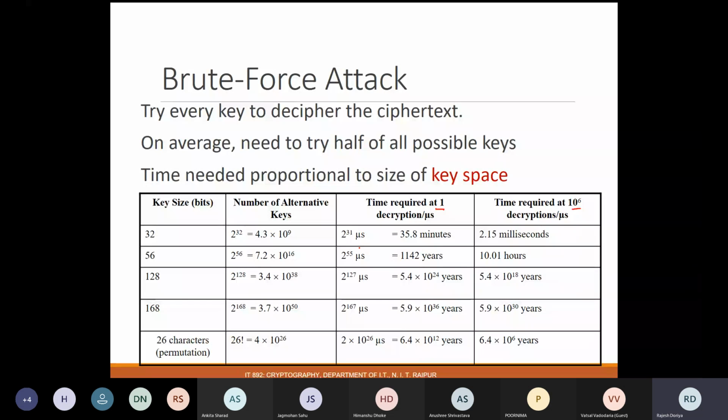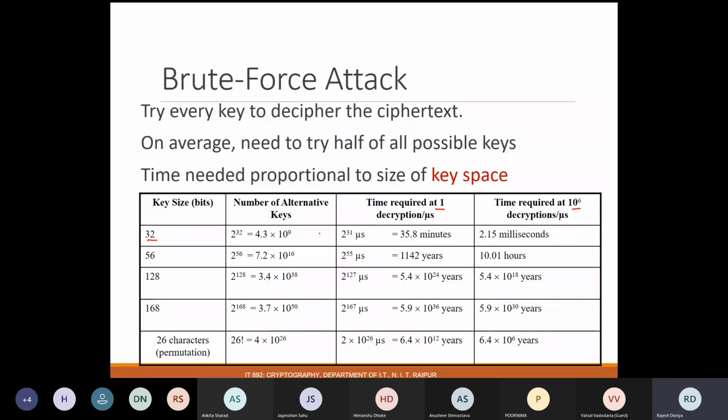For example, if the key size is 32 bits, then this is the number of possible keys one will have. And in order to explore this many keys, one will require this much time with this much speed. Get your point?